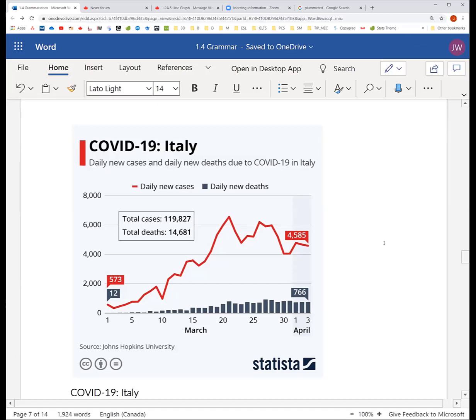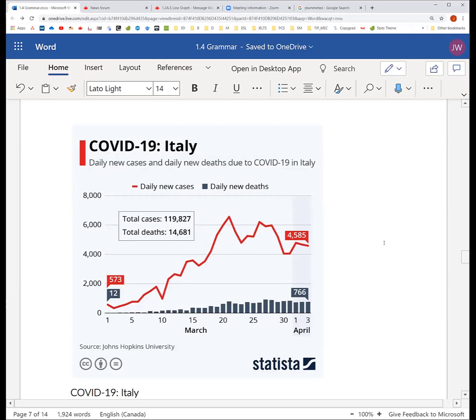Overall, the graph demonstrates the number of cases from 1st March till April, right? And what has happened? So what's the big pattern that the graph shows?